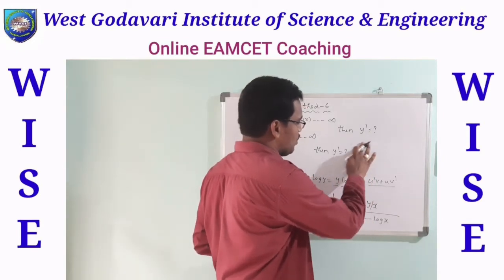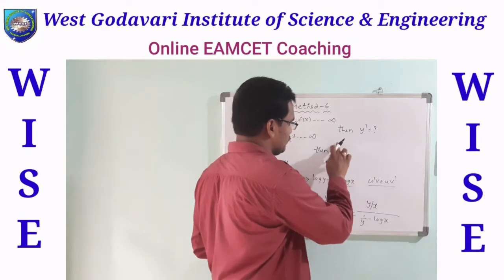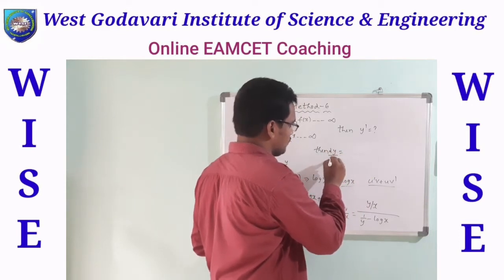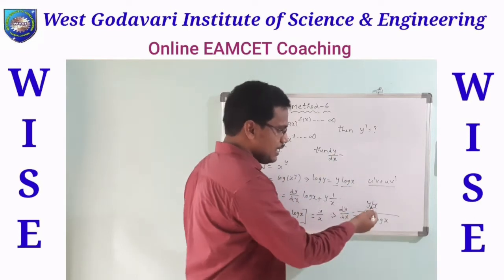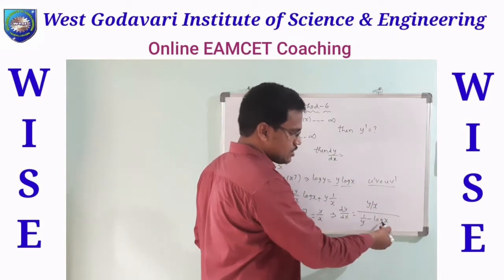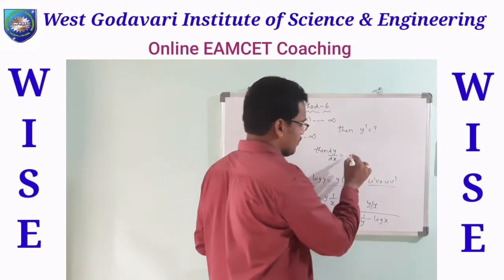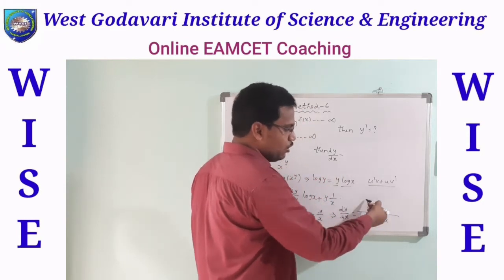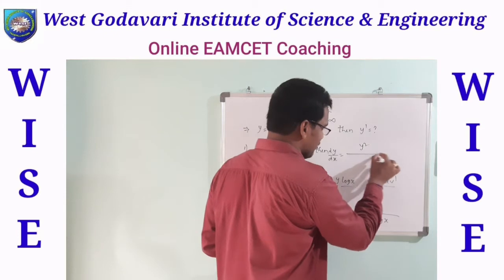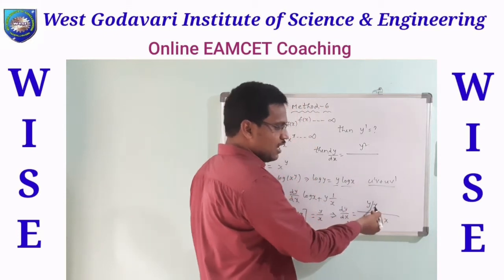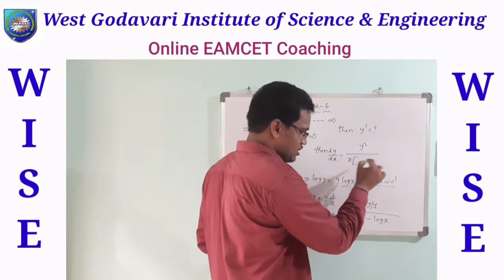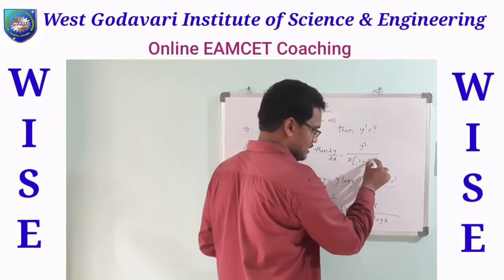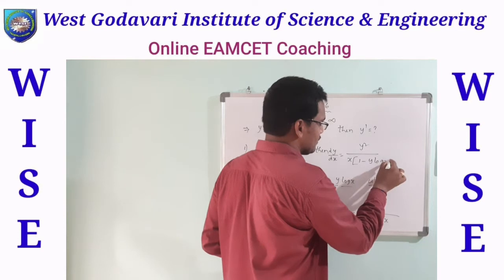So dy by dx is equal to, here the LCM of this denominator is y. So taking y into the numerator, that is y square, and taking x in the numerator into the denominator, so x of (1 minus y log x).